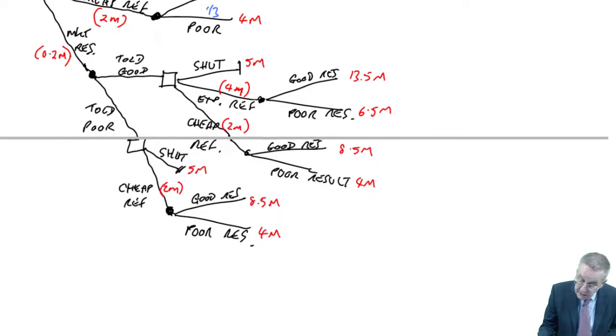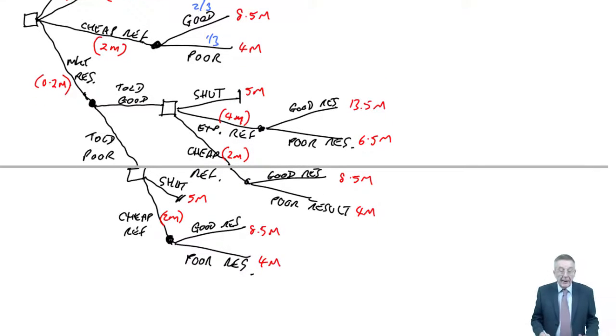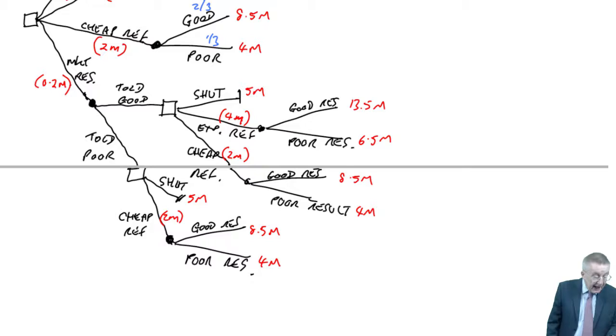What about if we do market research? Market research, remember, we have to wait until we hear what they say, good or poor, and then we'll make the decision. So what's the probability they tell us it'll be good? Four or five paragraphs from the end: independent companies offer to undertake market research. The research will cost 200.